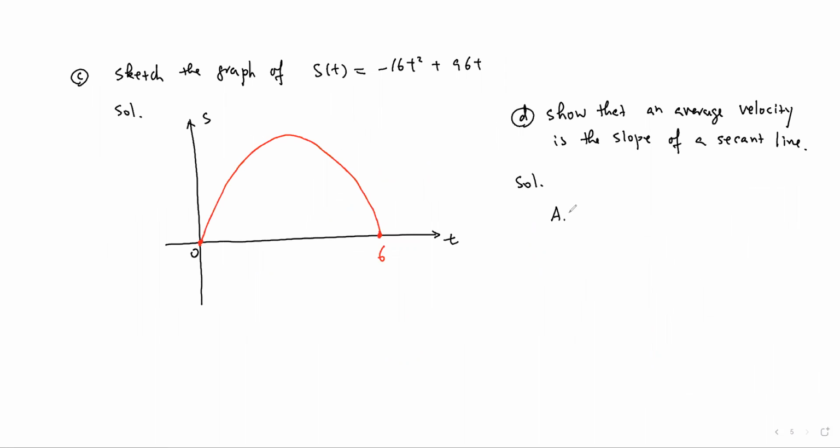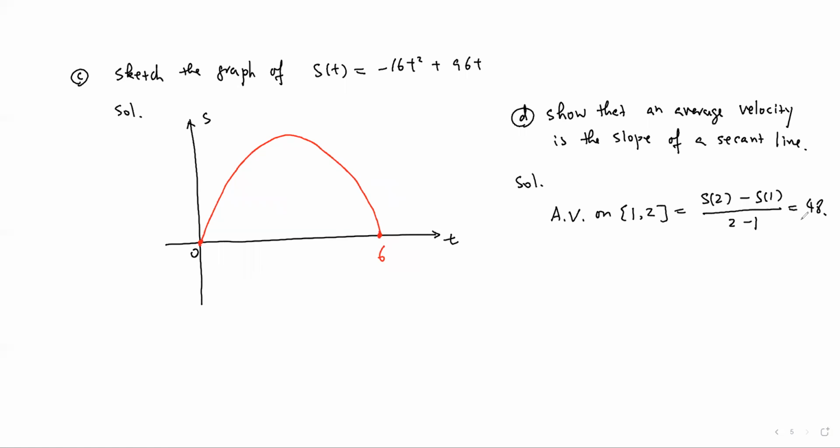Average velocity on the time interval 1 to 2 is equal to location at 2 minus location at 1, over 2 minus 1. This is 48. Now 48 is the slope of a secant line.